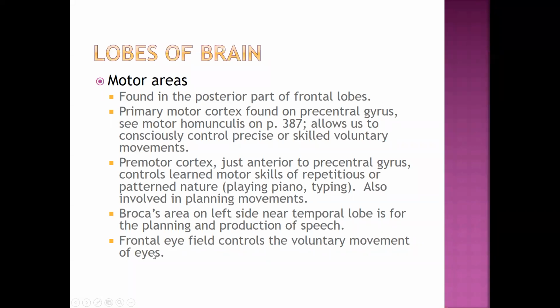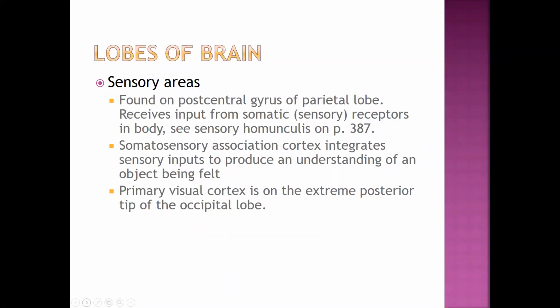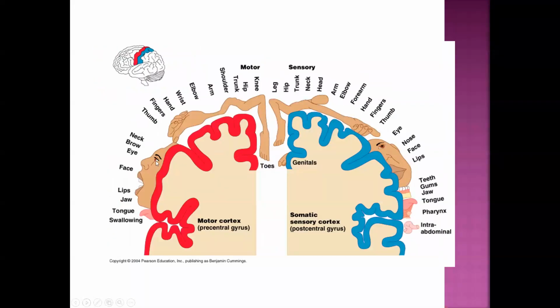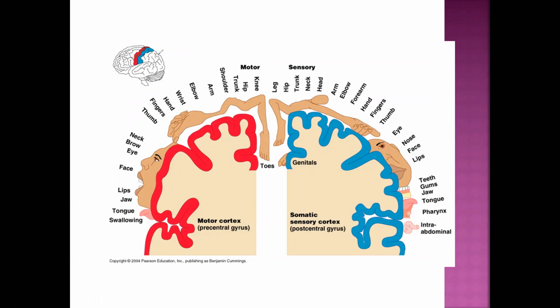Okay, we're going to go to this homunculus thing. All right, so this is a homunculus. I know this is a weird looking picture, but once you understand what's going on there, you'll be like, oh my goodness, that is totally cool. So what we've done, we've taken this precentral gyrus right here, and we cut this slice out, so this chunk right here is this piece.